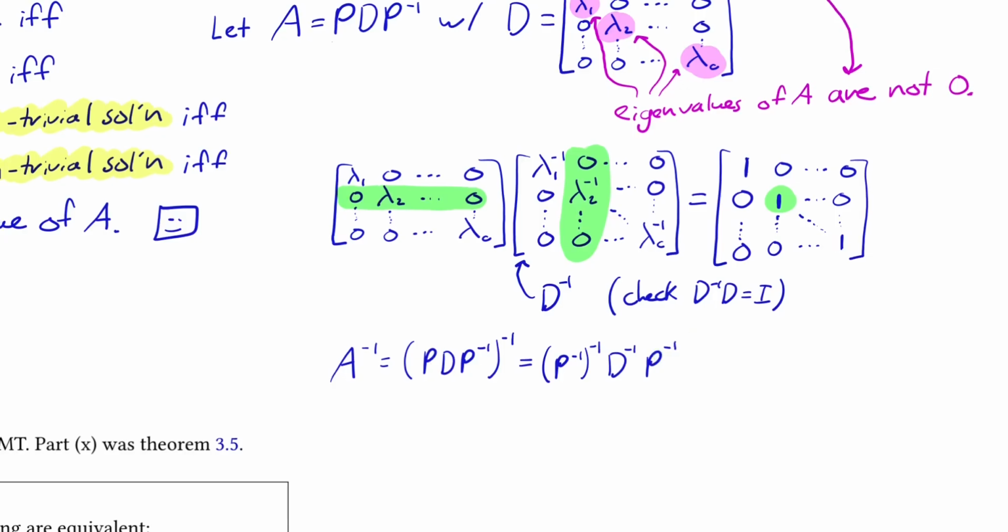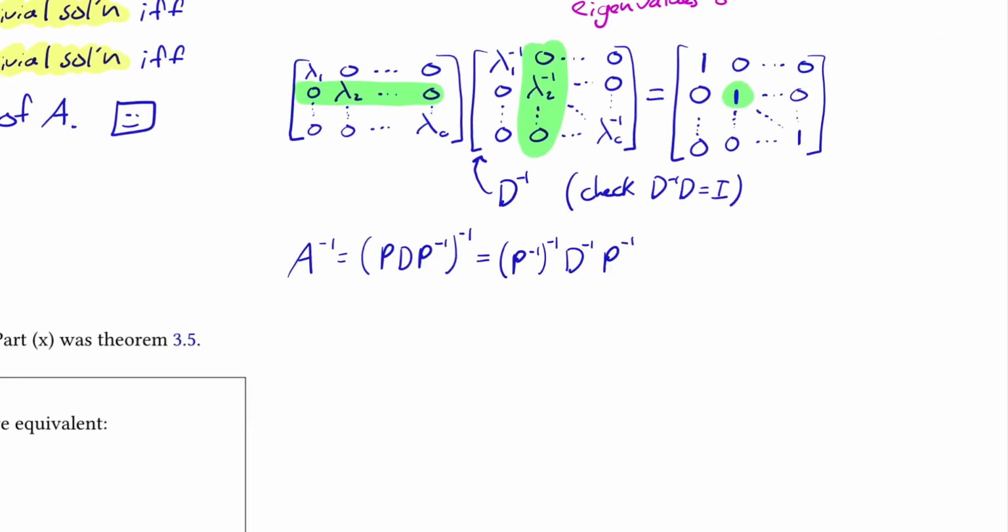That was a theorem from chapter 2, that you get the inverses of the factors in backwards order. And also, let's notice that P inverse inverse is just P. So we have P times D inverse times P inverse. And what does that tell you?